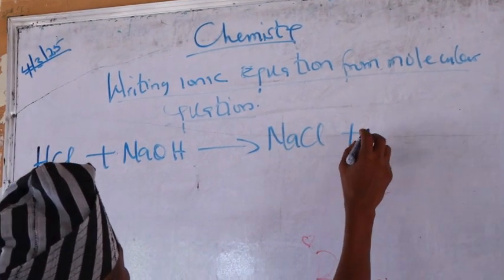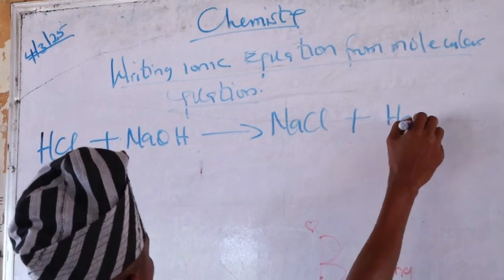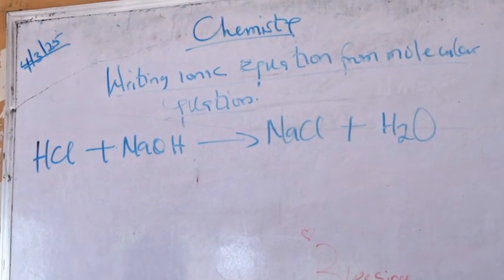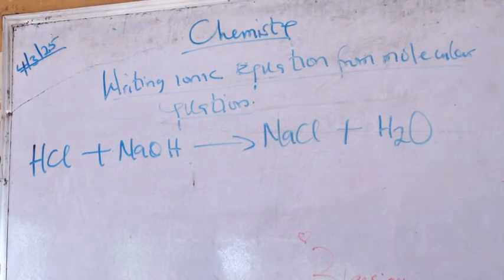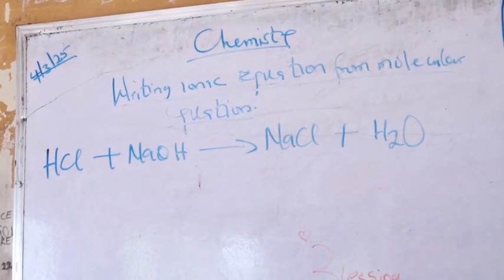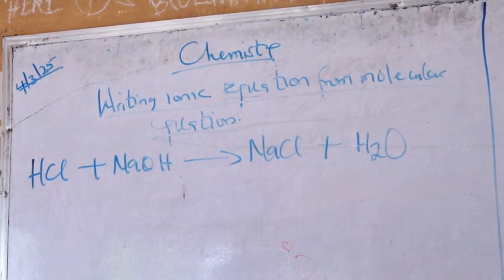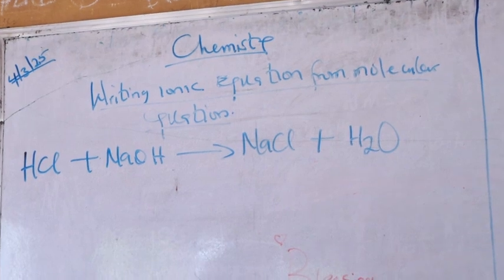HCl plus NaOH gives sodium chloride plus H2O. This is a molecular equation. How do we convert this equation into ionic form? And this is the one that possesses electrical charge.